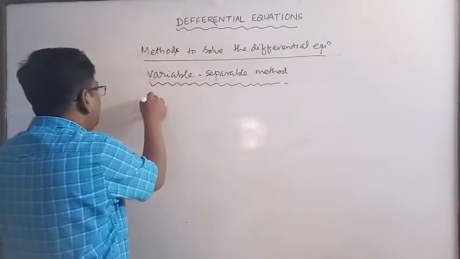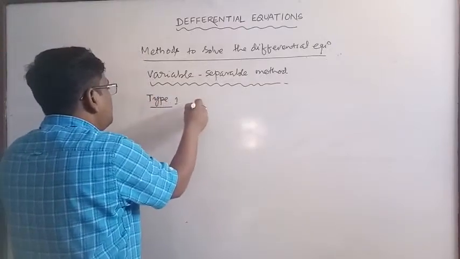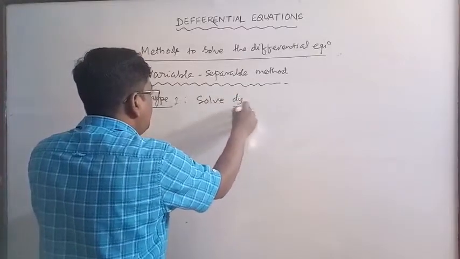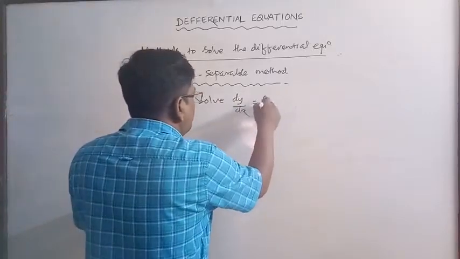Type 1. Solve dy by dx is equal to, suppose, f of x.